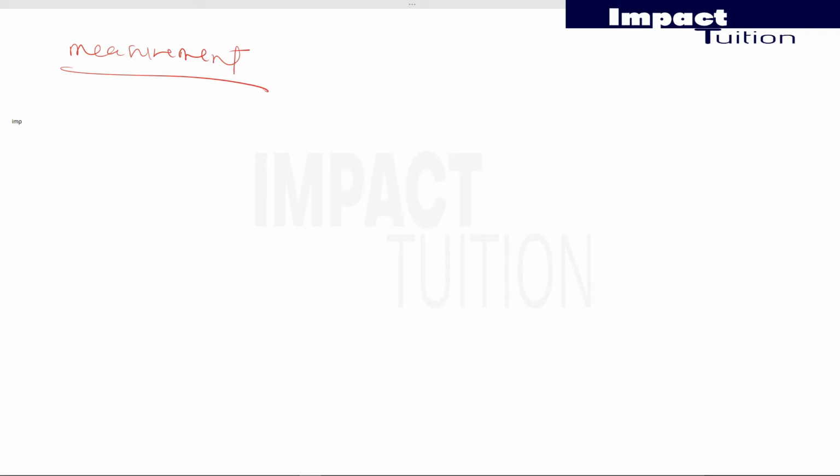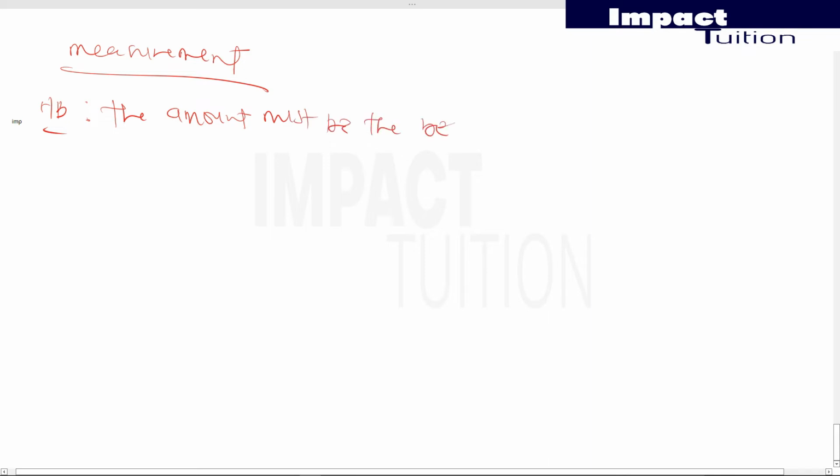So the first thing we should note here is that the amount must be the best estimate of the provision. That is one.